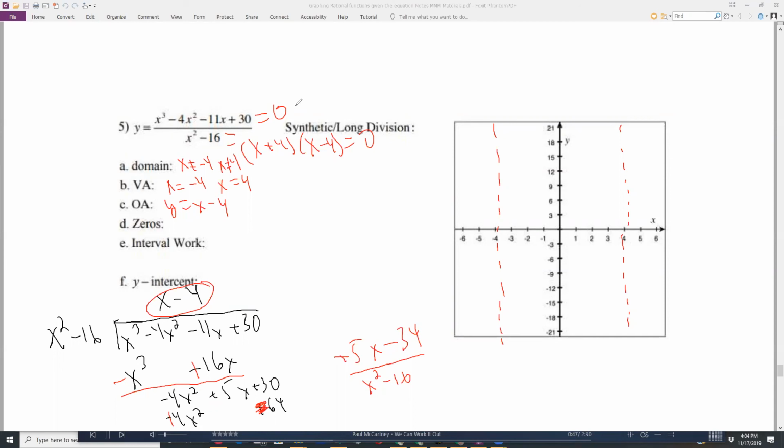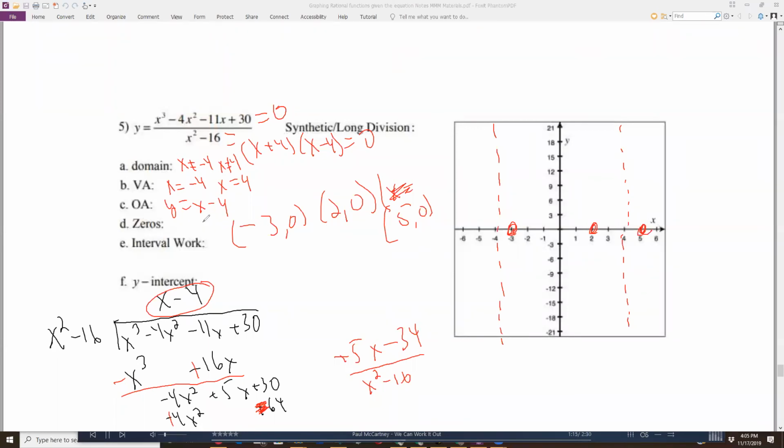I believe that polynomial had zeros at negative 3, at 2, and at 5. So I'm going to graph those points at negative 3, at 2, and at 5.